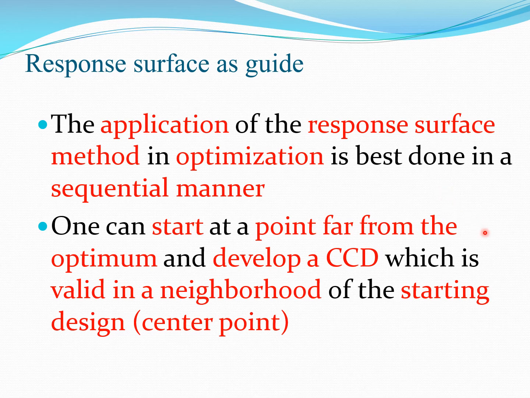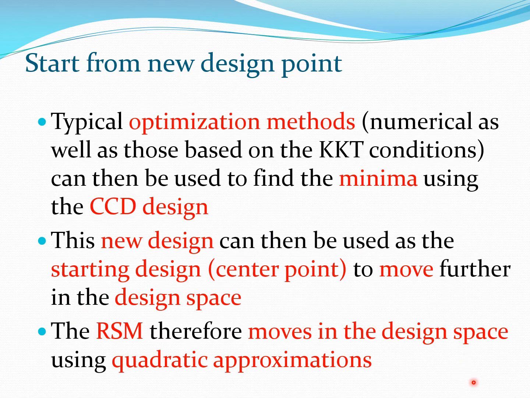So you could start from a point far from the actual minimum point, develop a CCD which is valid in the neighborhood of the starting design, and then move on to the next point and so on. Typical optimization methods such as those based on KKT conditions or numerical methods can be used to find the minima using the CCD design. The new design can then be used as the starting design to move further in the design space.